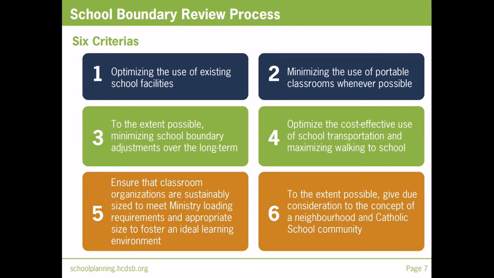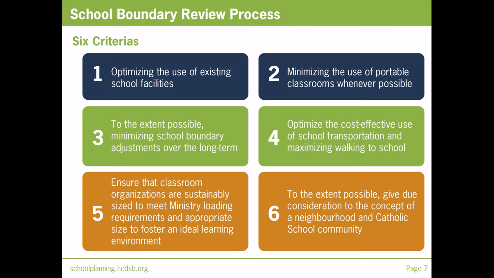The 6 criteria are as follows. Number 1, optimizing the use of existing school facilities. Number 2, minimizing the use of portable classrooms whenever possible. Number 3, minimizing school boundary adjustments over the long term. Number 4, optimize the cost-effective use of school transportation and maximizing walking to school.